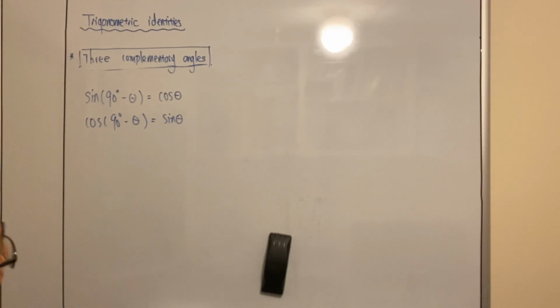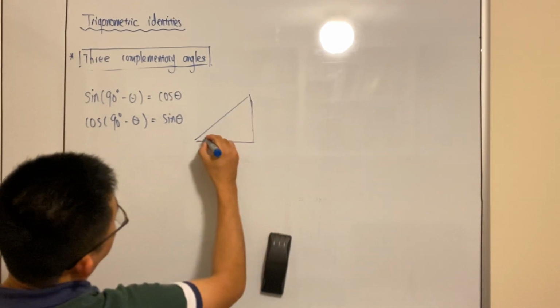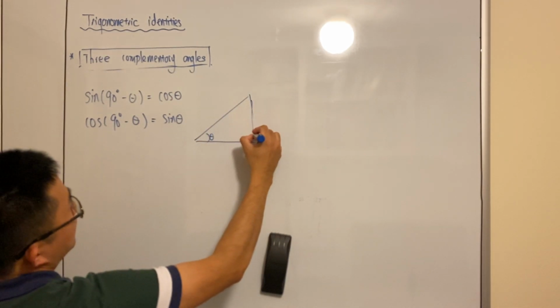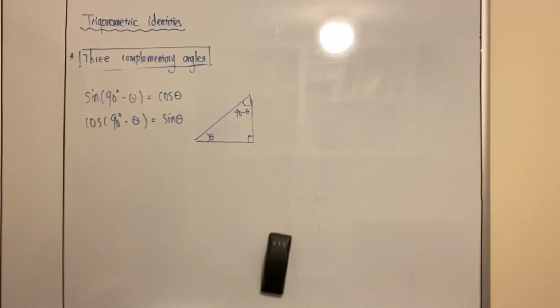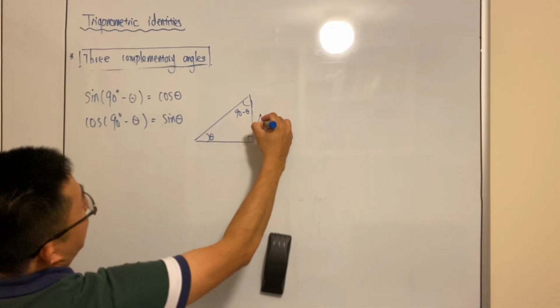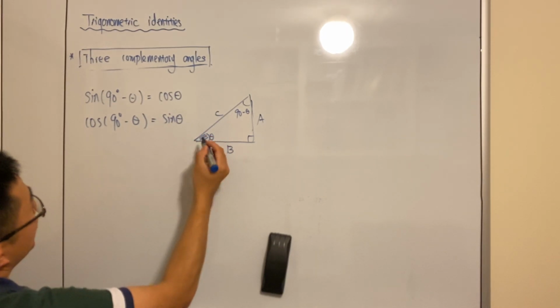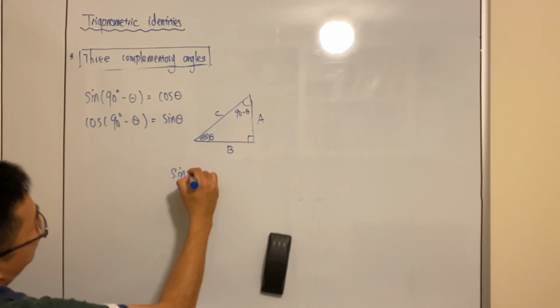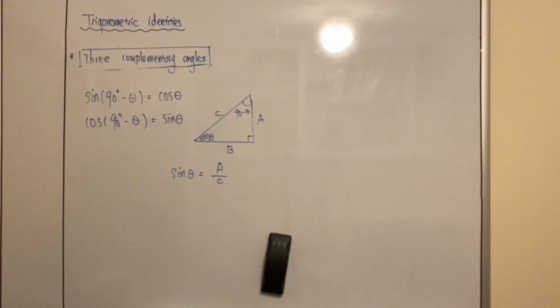It's really easy to prove just by using a right angle triangle. That's theta here, that's the right angle, so obviously that angle there must be 90 degrees minus theta. Say this side is A, here's B, and here's C. According to this angle, sine theta is equal to A over C, opposite over hypotenuse.